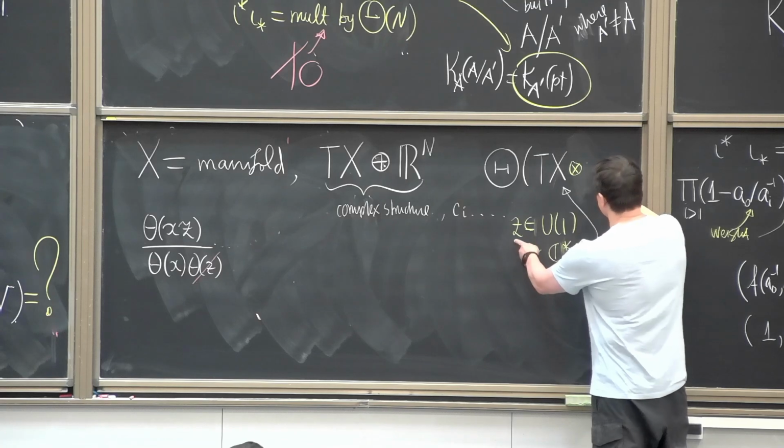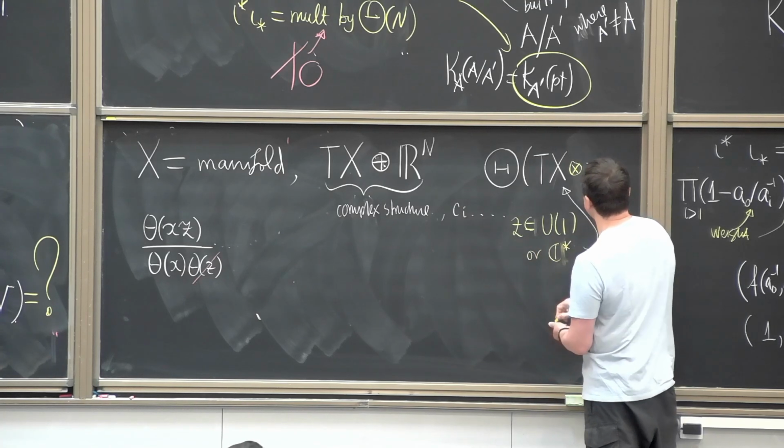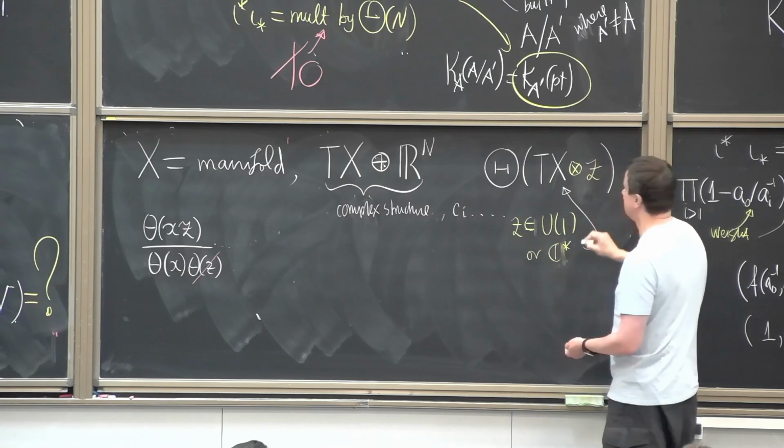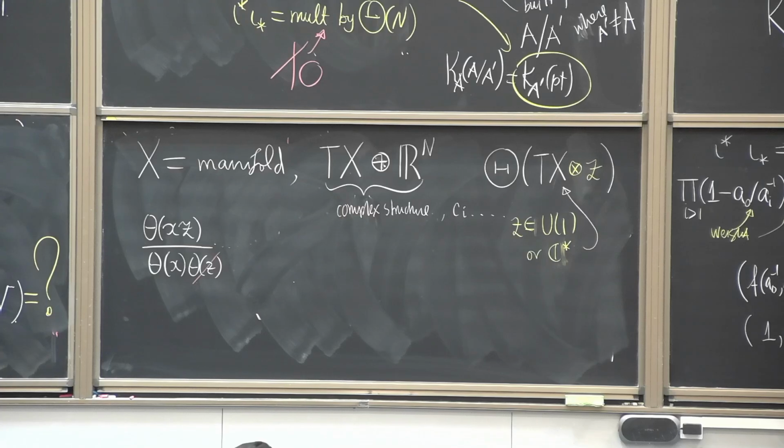And this is a group. If I have any bundle over any space, I give myself one more U(1) and I can make it act, because scalars act on every vector space, so scalars act on any bundle over any space.